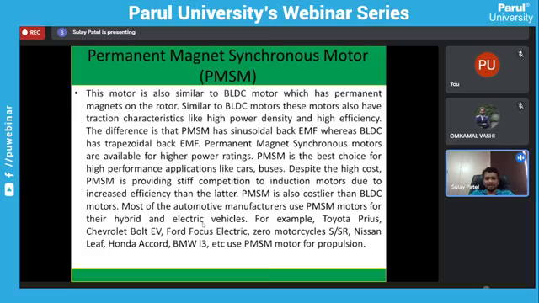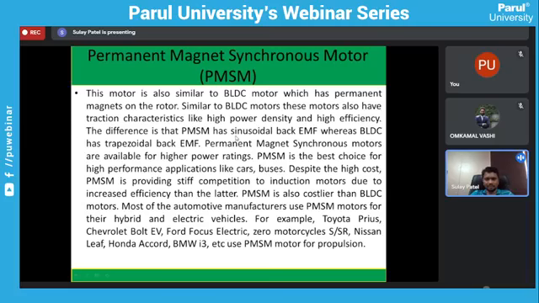This is a very key electrical engineering related terminology. But by this EMF control, it is advantageous over the BLDC motors.